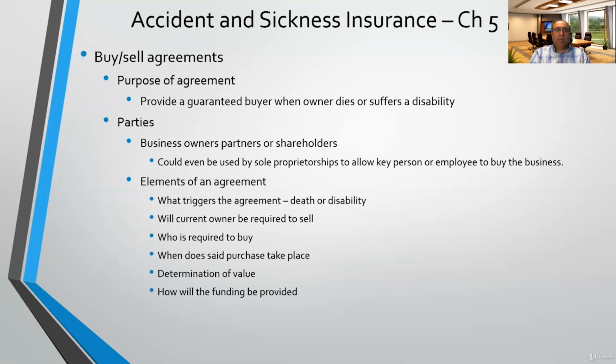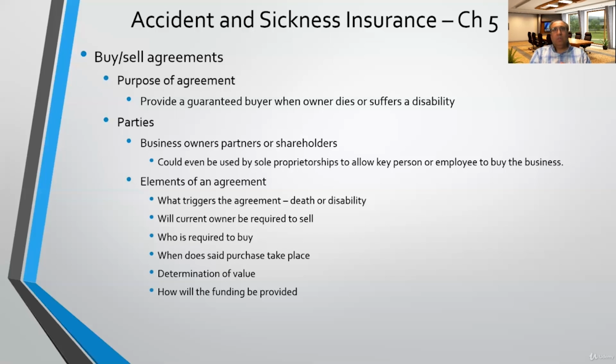If you went through the life insurance section, there is buy-sell business insurance there also. It works the same way. The only difference here is that it is based on disability. So a person becomes disabled, and there are 2 or 3 partners. One partner will have the money paid, and they can use the money to buy the shares of the other person. So there are business owners, partners, or shareholders.